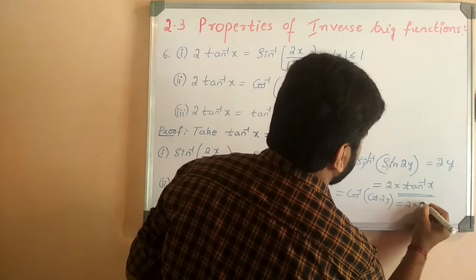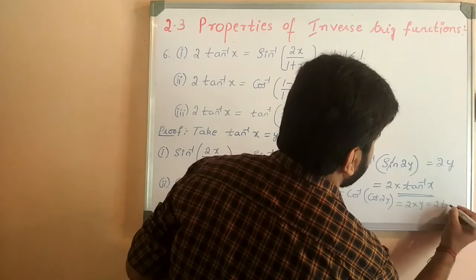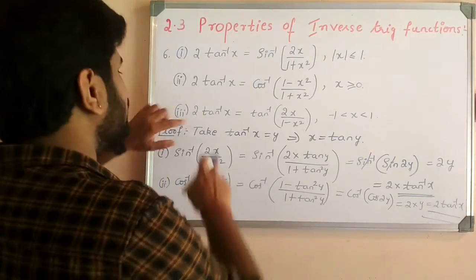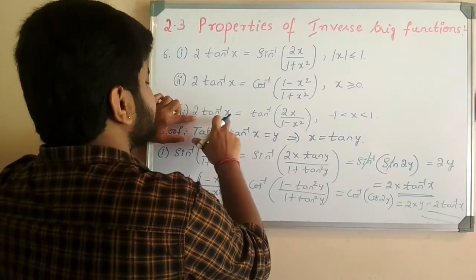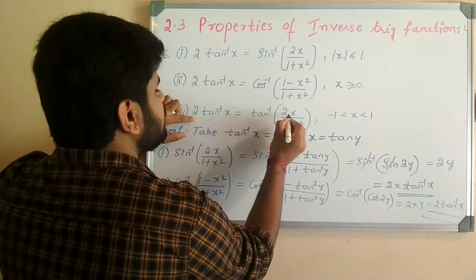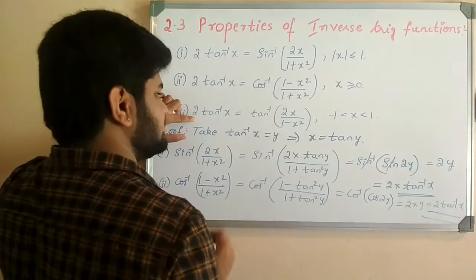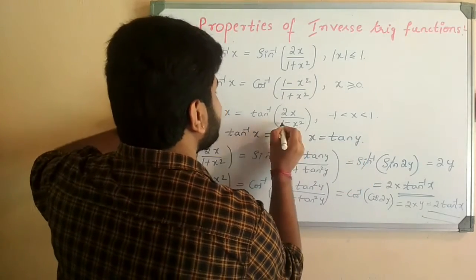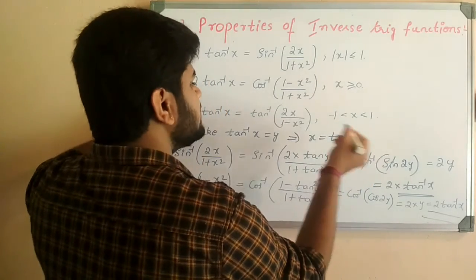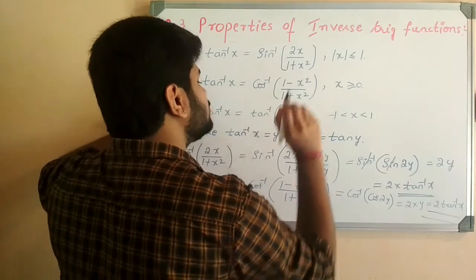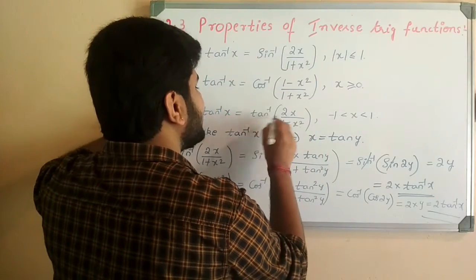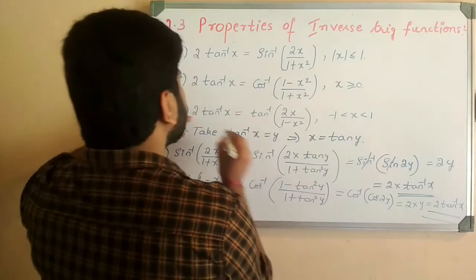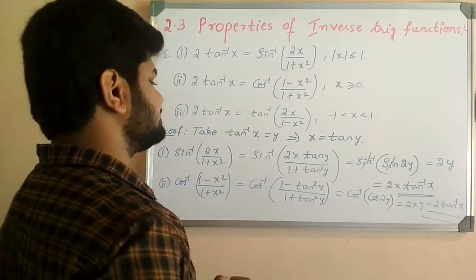So 2 into y, which is equal to 2 tan inverse x. Similarly for third one, 2 tan inverse x is equal to tan inverse of 2x divided by 1 minus x square. So here 2 into tan y divided by 1 minus tan square y. So this is the formula for tan 2 theta. Tan inverse and tan gets cancelled. So 2 into y is equal to 2 tan inverse x.